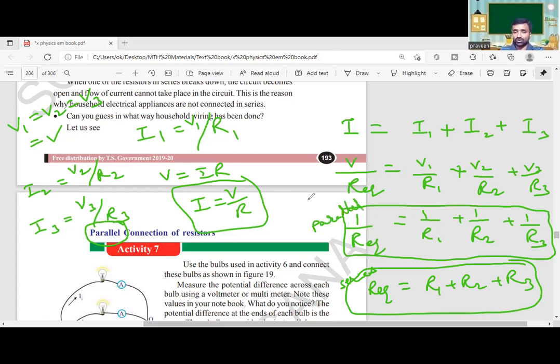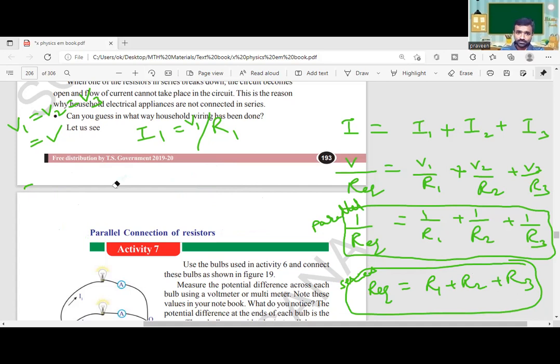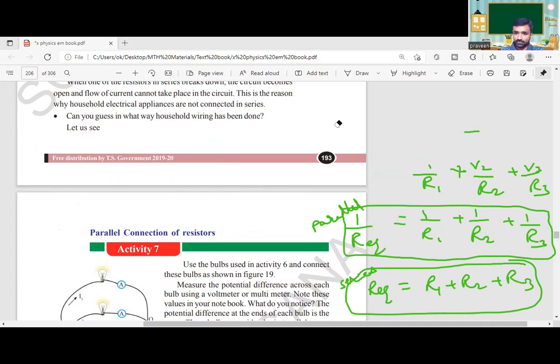All these are making you confused, so I'm removing them. You have only two formulas, one in series combination and the other in parallel combination.